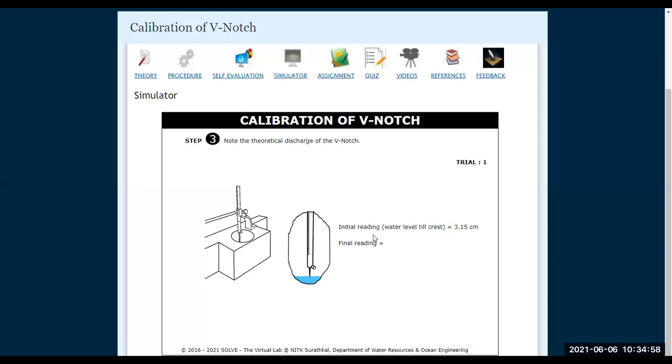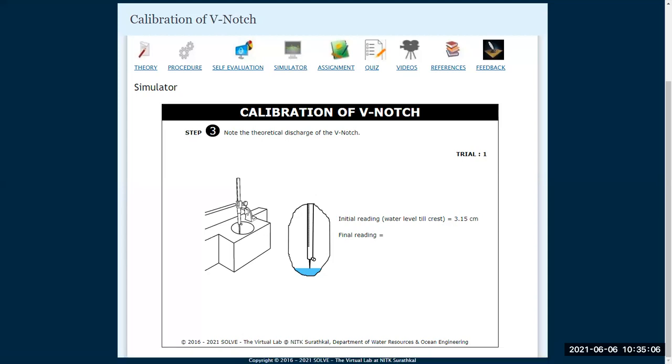After noting down the initial reading, you have to switch on this valve. Then the water will flow over the notch, there is an increase in the head of water, and it will give you a final reading.